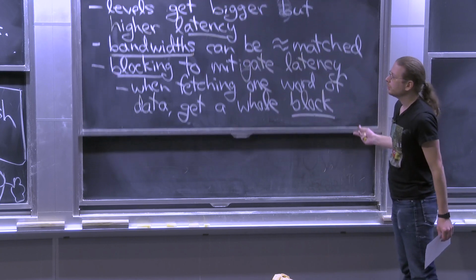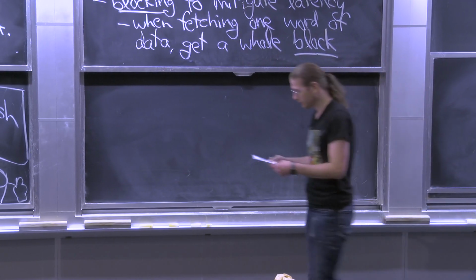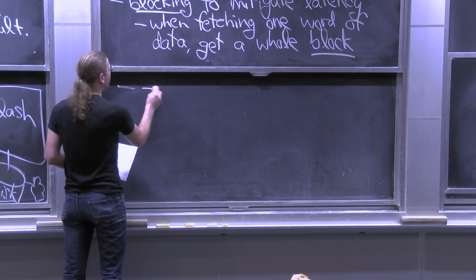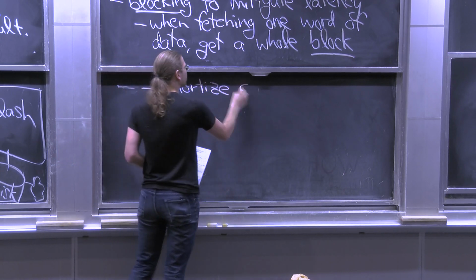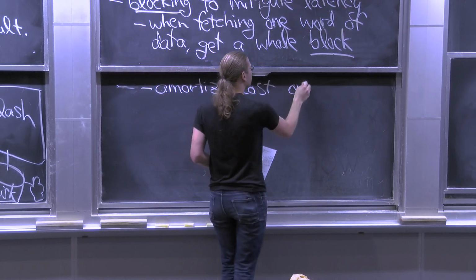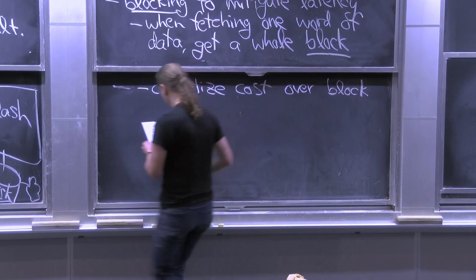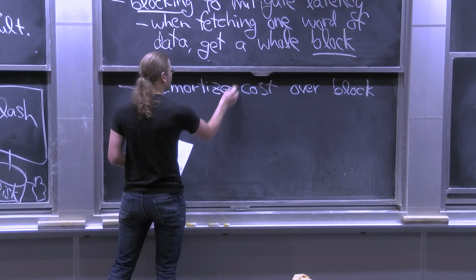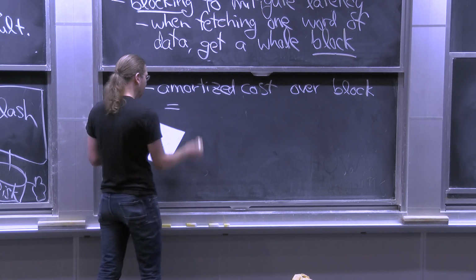So we can set them, in a certain sense, to hide latency. So if you think of amortizing the cost over the block, then you have something like amortized cost over block. This is per word.